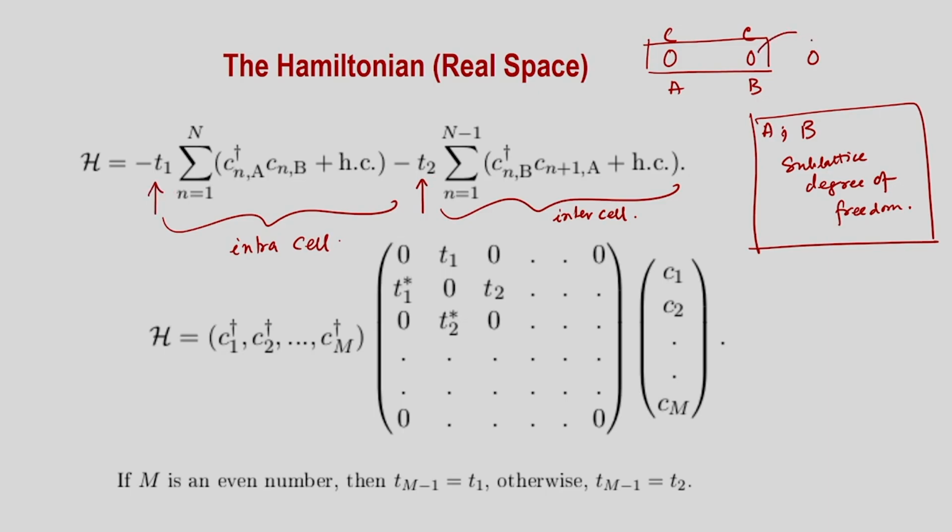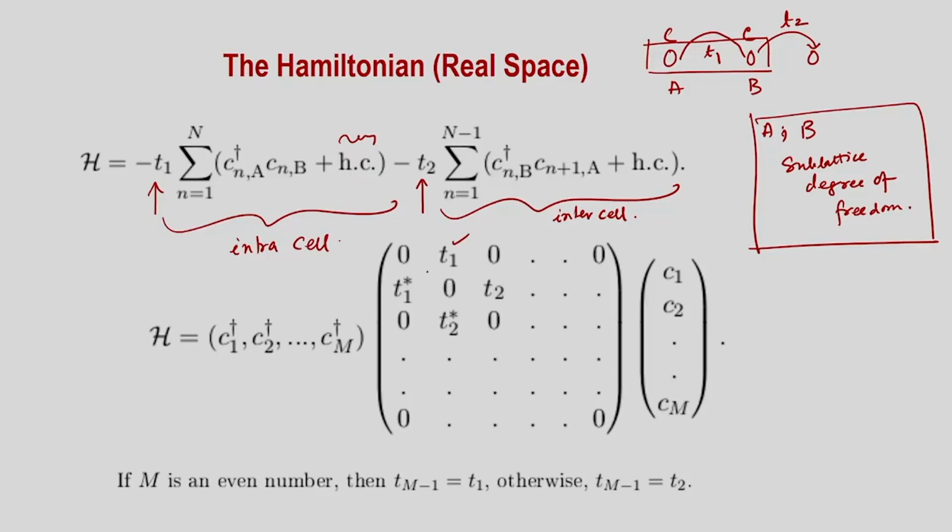So, which means that this hopping is T2 and this hopping is T1, and this is precisely what we have said about that polyacetylene molecule, a long chain molecule, and this is the Hermitian conjugate. The Hermitian conjugate is always used in such tight binding models, and if you do not add the Hermitian conjugate, then the energies will come out to be complex.